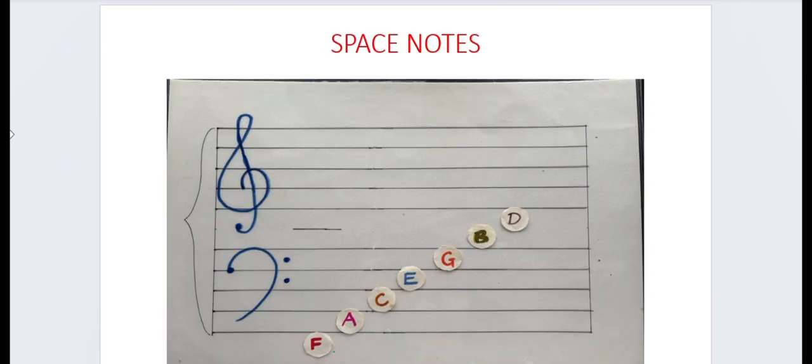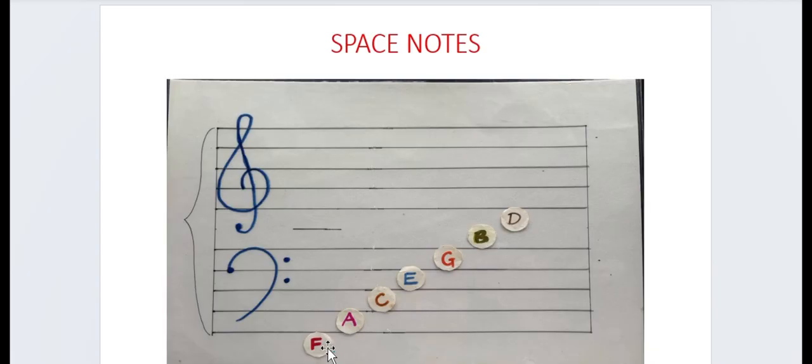The other way that you can learn to identify your notes is by remembering a pattern for space and line notes. So for space notes, if we look from the bass, the first space note is F, which is also the landmark note that we looked at just now.